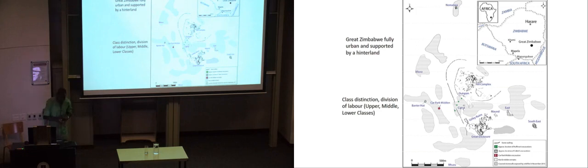Great Zimbabwe has areas that are walled, such as these ones. And it also has these settlements where there were evidently houses, but there were no stone walls. So the traditional thinking is that the elites, the rulers, lived in these walls, and the commoners lived in these unwalled settlements.